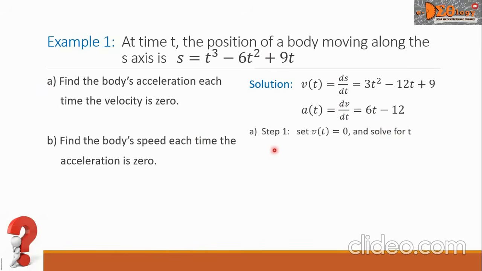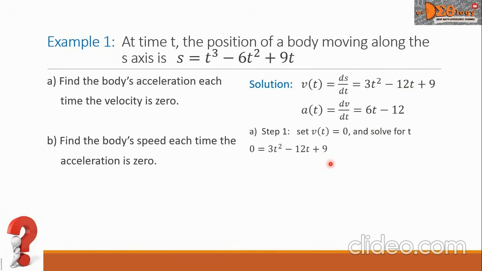Step 1 is we're going to set the velocity function equals 0 and solve for t. So this function now becomes 0 equals 3t squared minus 12t plus 9. We can see here that the terms on the right side have a common factor, that is 3.